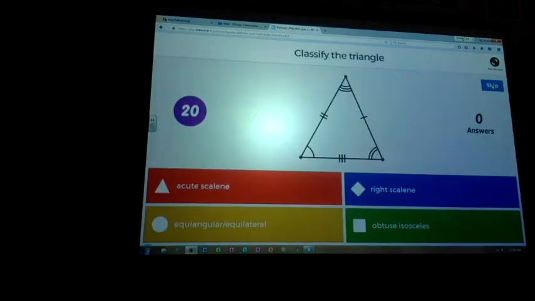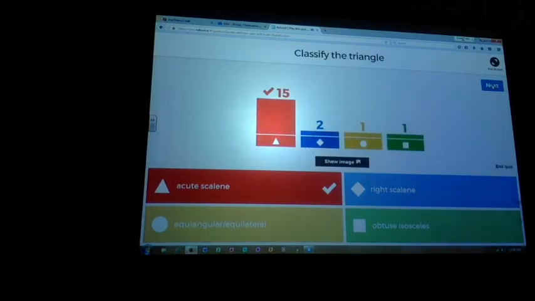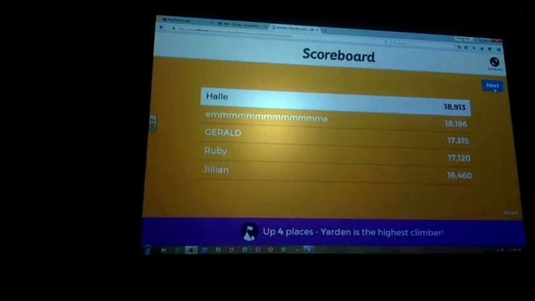That's it. Oh yeah. Let's play another one. Acute scaling. Who's got the lead? Still there by 700 some odd points. I'm done. Emma, you gonna catch it?